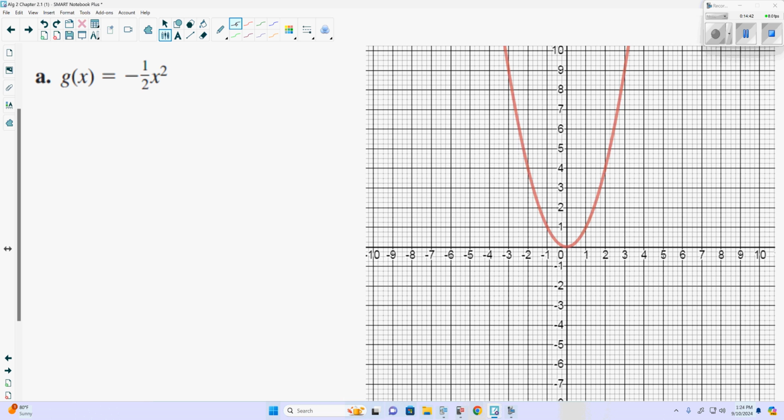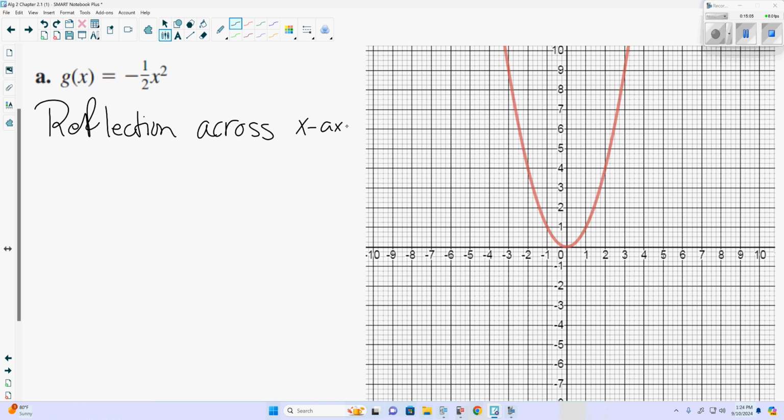The negative is a what? Reflection. When we have a negative in front of that x, being multiplied by that x, it's a reflection across one of 2 axes. It's either across the x or across the y.